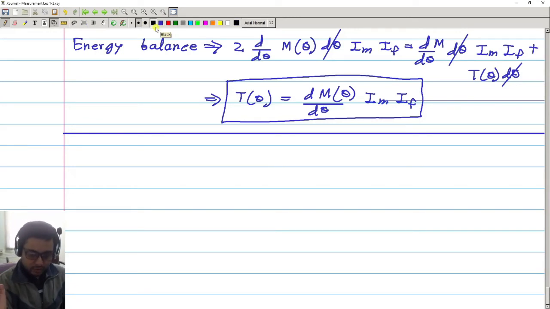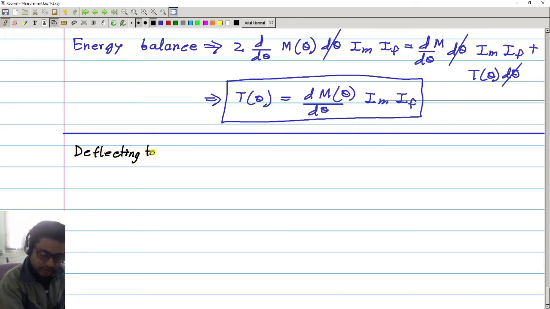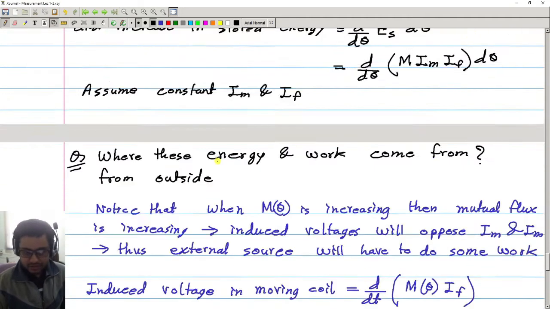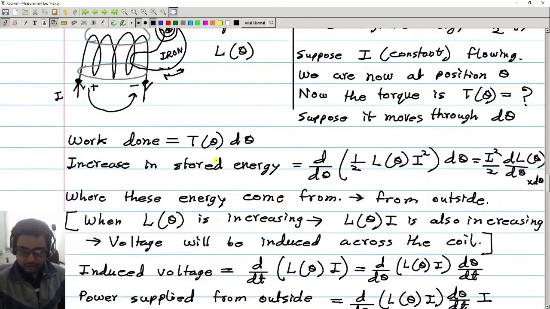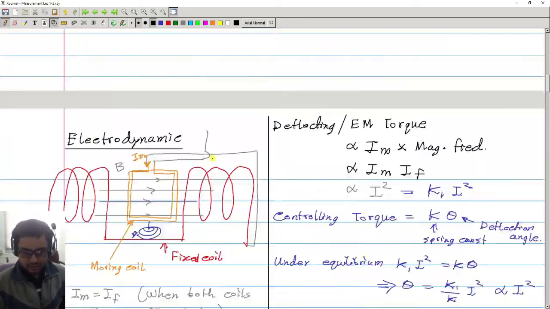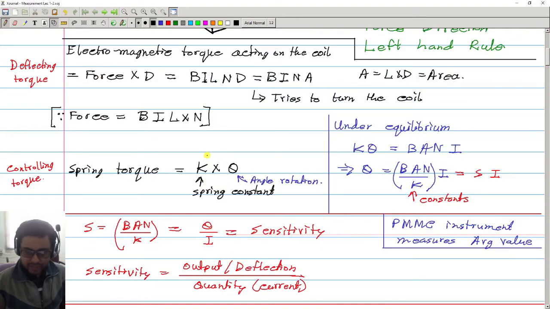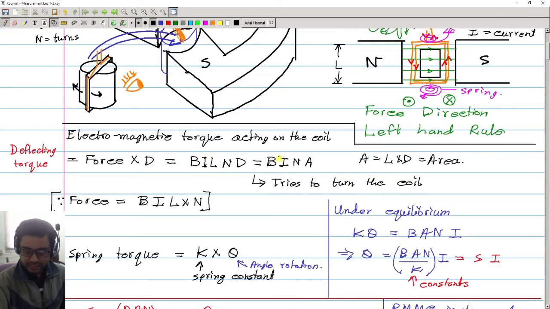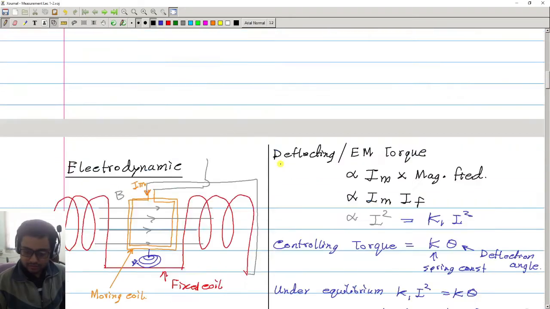Great. Achha, now, so what have we done so far? We have found the deflecting torque for different instruments. For PMMC we found it, how much? BANI.